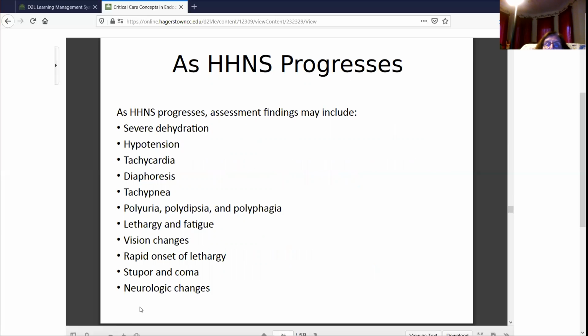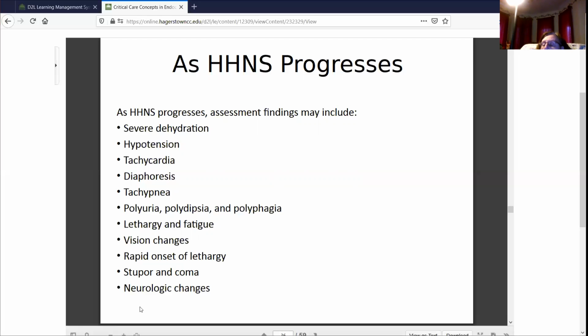As HHNS progresses, assessment findings may include that the patient is severely dehydrated, hypertensive, tachycardic, with diaphoresis, tachypneic, polyuria, polydipsia, and polyphagia. They're lethargic and fatigued. They have vision changes, rapid onset of lethargy, stupor and coma, and neurologic changes.